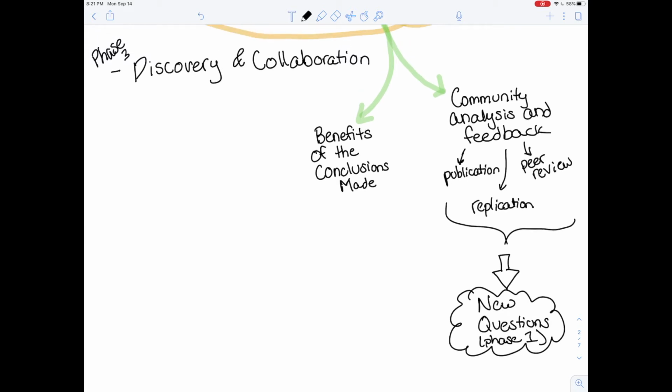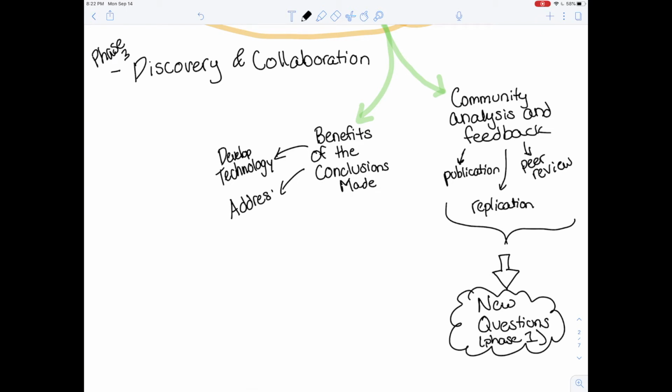Conclusions that we can make in science based off our discoveries can also have very significant benefits. We can develop new technologies based on the data that was collected and the results and analysis of that data.